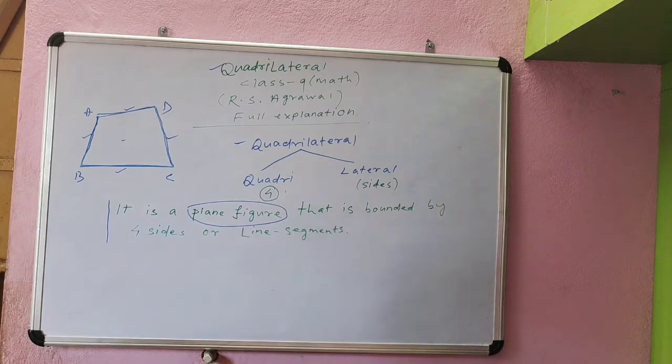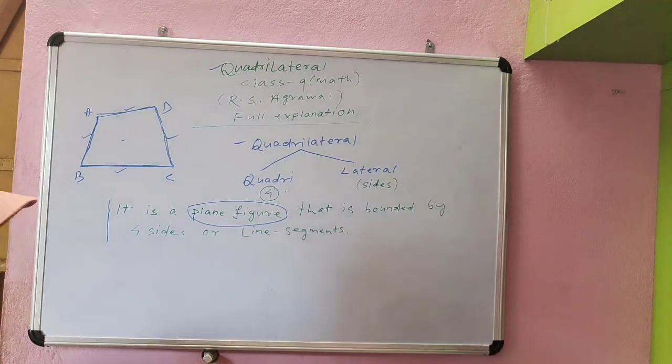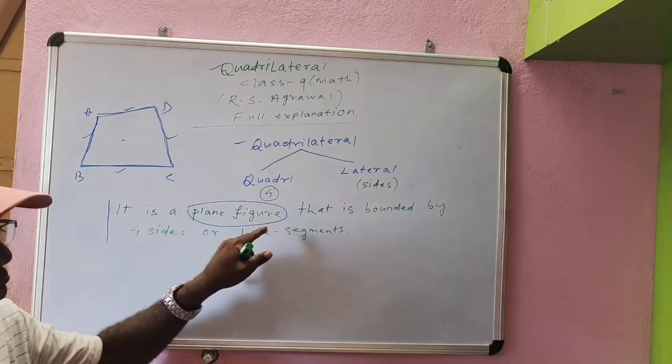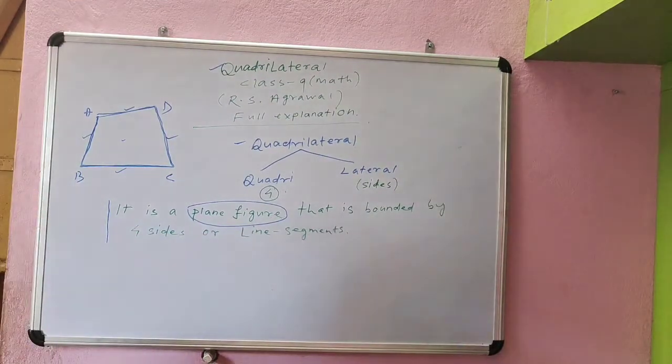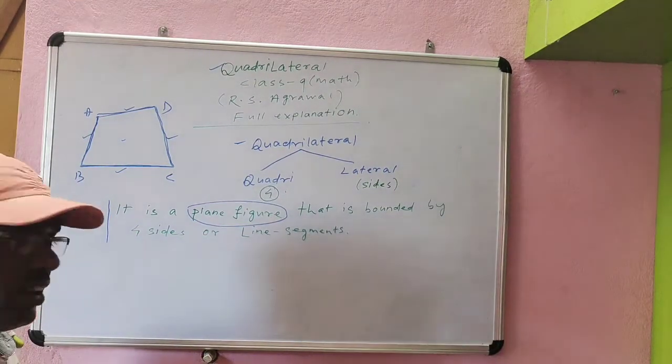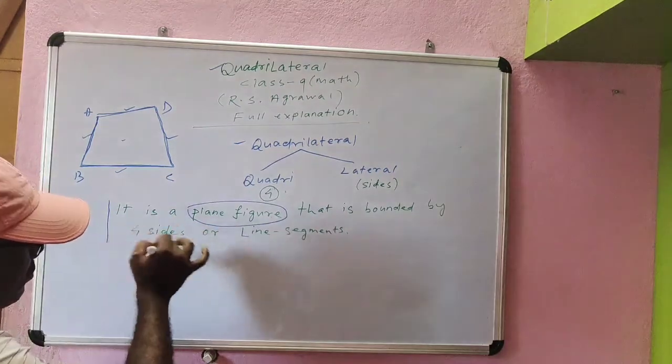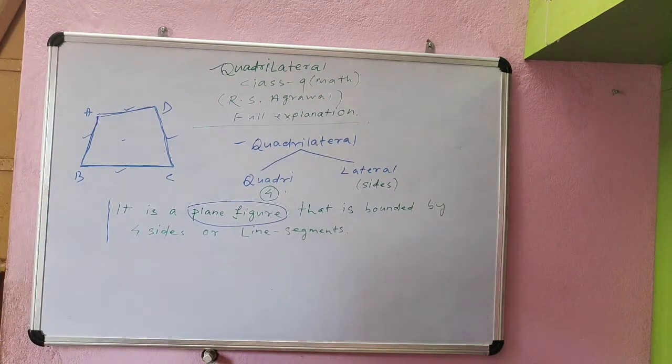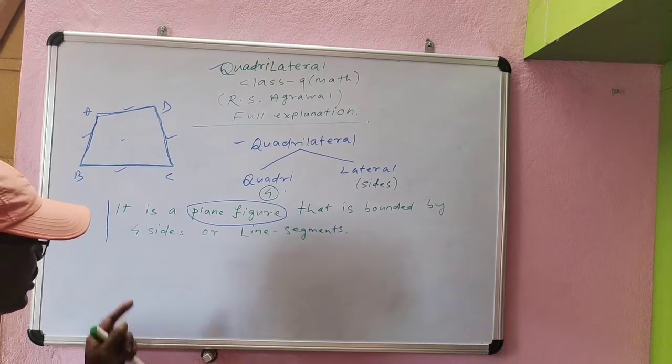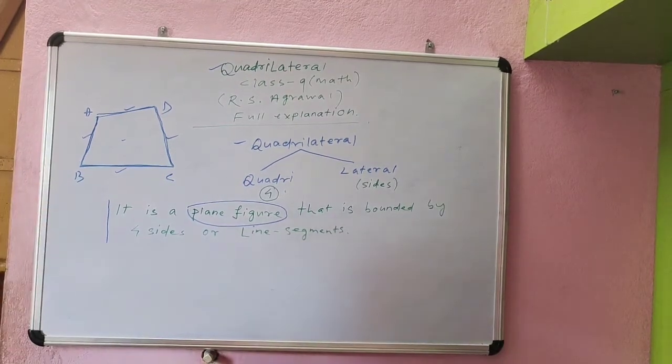But according to mathematicians, it is not the actual definition of quadrilateral. The students of lower classes can tell it, but it is not suitable for the students of higher classes.